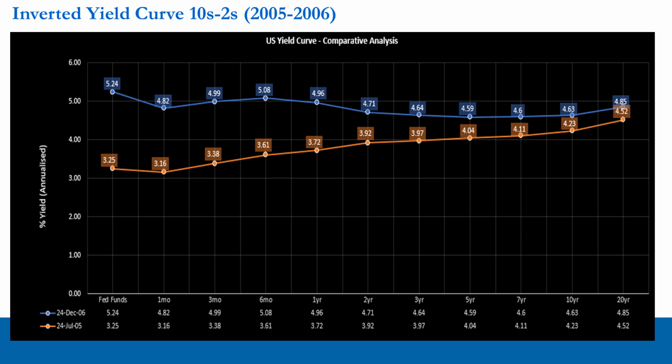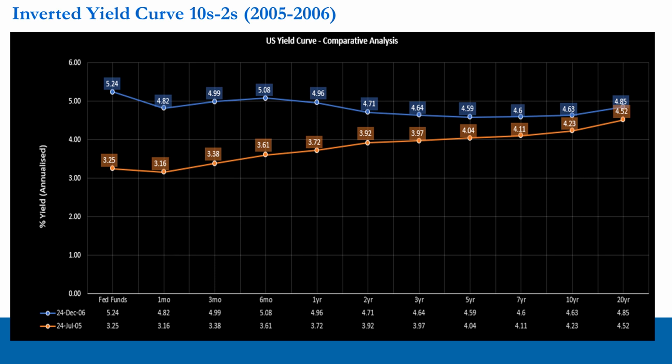What have we got here? Well, the Fed funds rate is now higher at 5.24, and we've now got an inverted yield curve. So if we look across the maturities, we've got the 10-year at 4.63. What maturities are higher than 4.63?